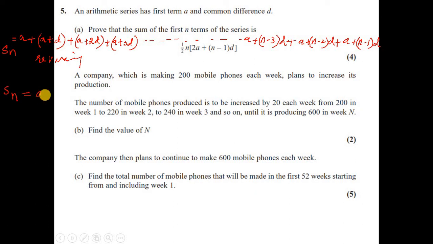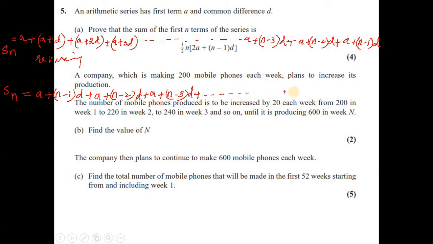So a plus n minus 1 d, plus a plus n minus 2 d, plus a plus n minus 3 d, plus, and so on.